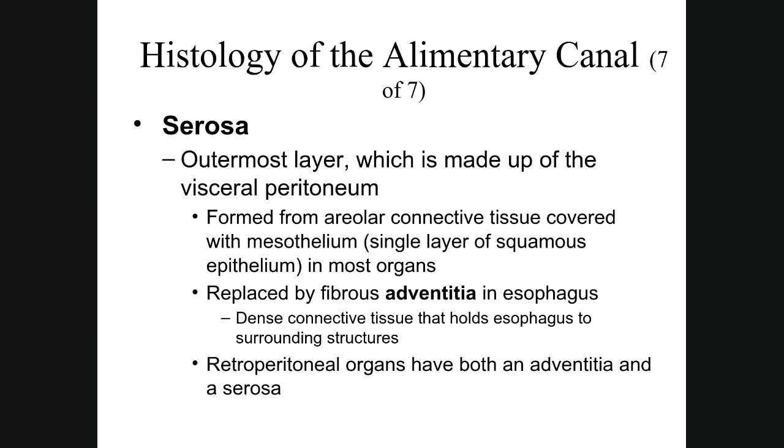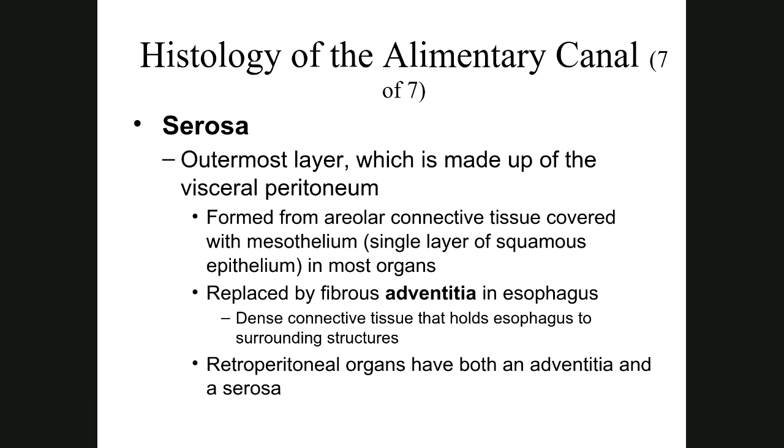So the blood supply for this GI tract is by what we call splanchnic circulation that includes arteries, branches of the aorta, to serve the digestive organs.